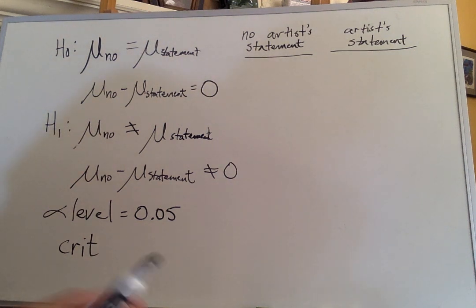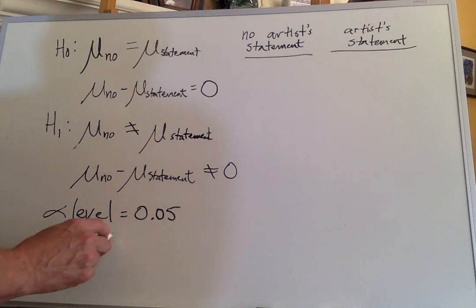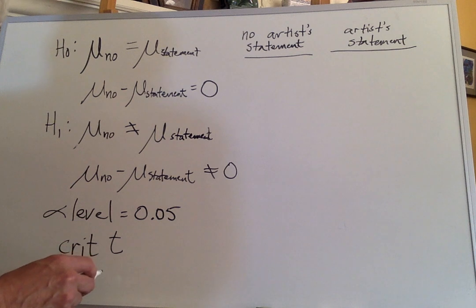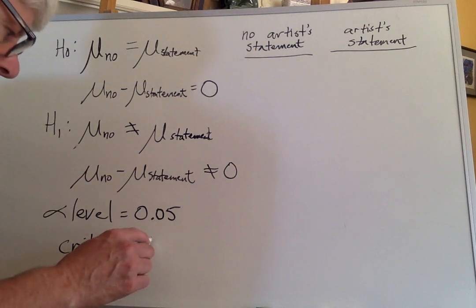If somebody gave me mu and sigma, then this would end up being a z-score. But we don't have that information, and so I'm going to have to do a t-test, and I'm going to get a critical t-value. I need to know the degrees of freedom to get the critical t-value. I don't have that yet.